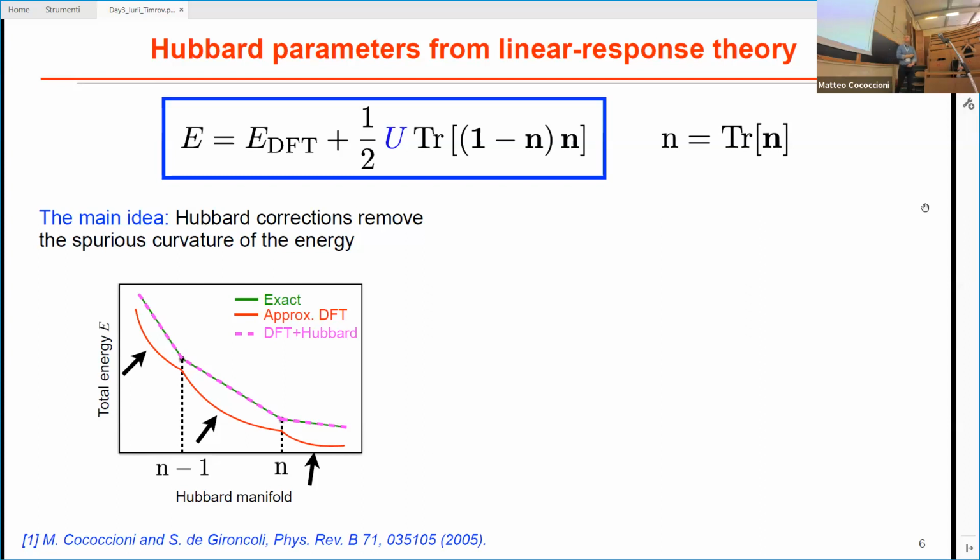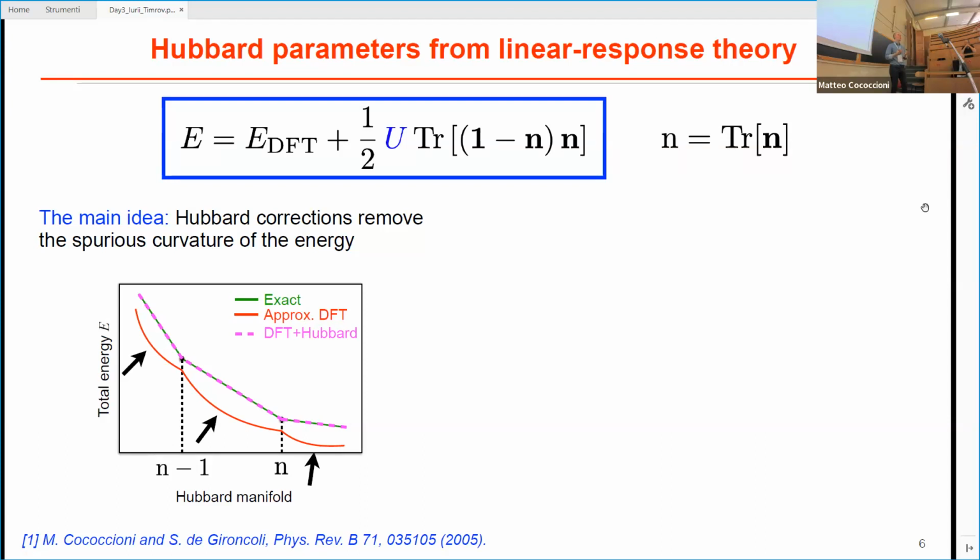So what does double counting mean? With the Hubbard term, we want to better describe the localization of the electrons. But that is already contained in DFT in a wrong way, in some mean-field average way. So we need to subtract that amount of wrong description, and we call that the double counting term. There are different ways to define double counting.